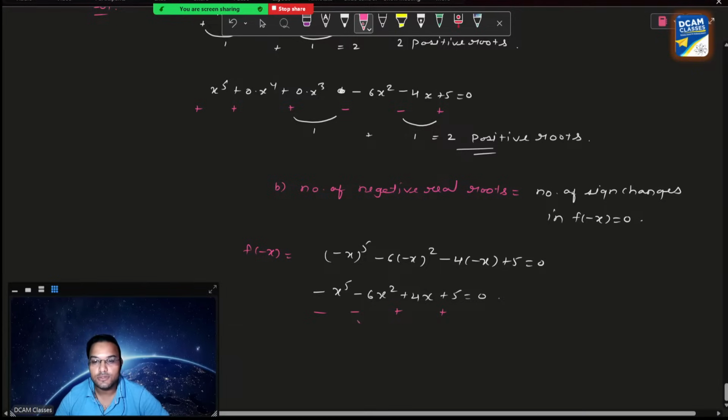No sign change, only one sign change is there, so we'll count it. No sign change, 1. So number of negative real roots is 1.